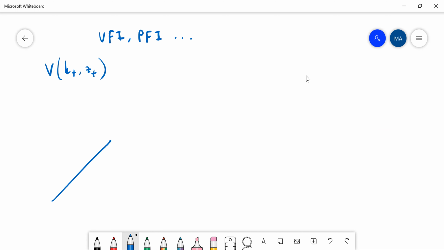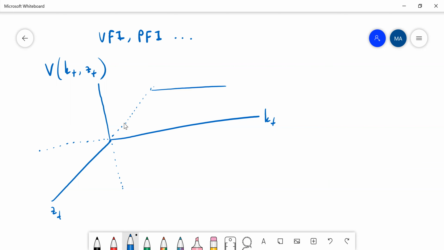The grid will be like this. So this is K_t, let's say this is Z_t. And you want to look at this area.